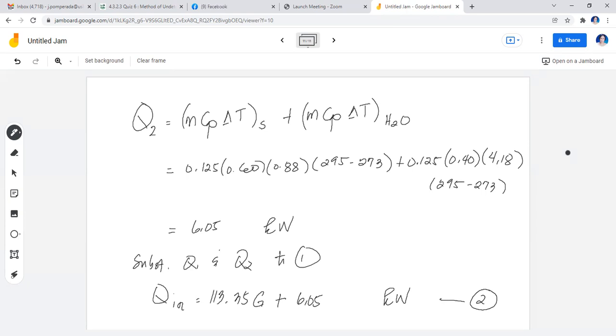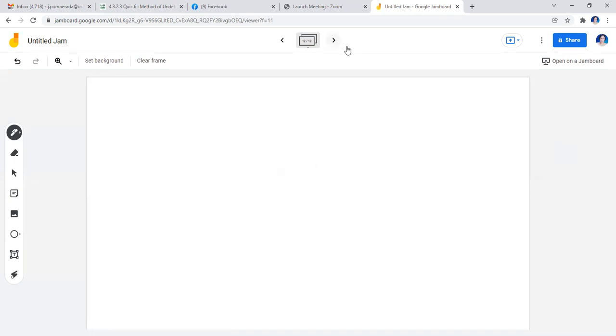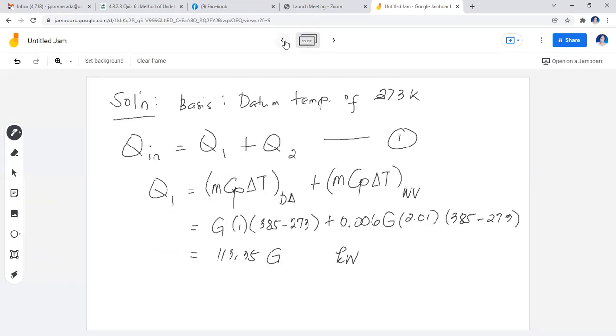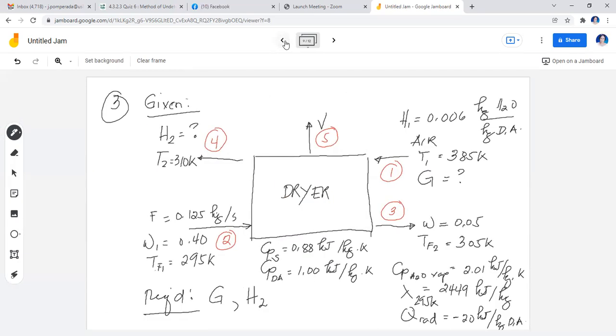Any question? None? Sige. So we go to the energies leaving the dryer. So now we're going to account for Q out based on our given illustration. Q out.